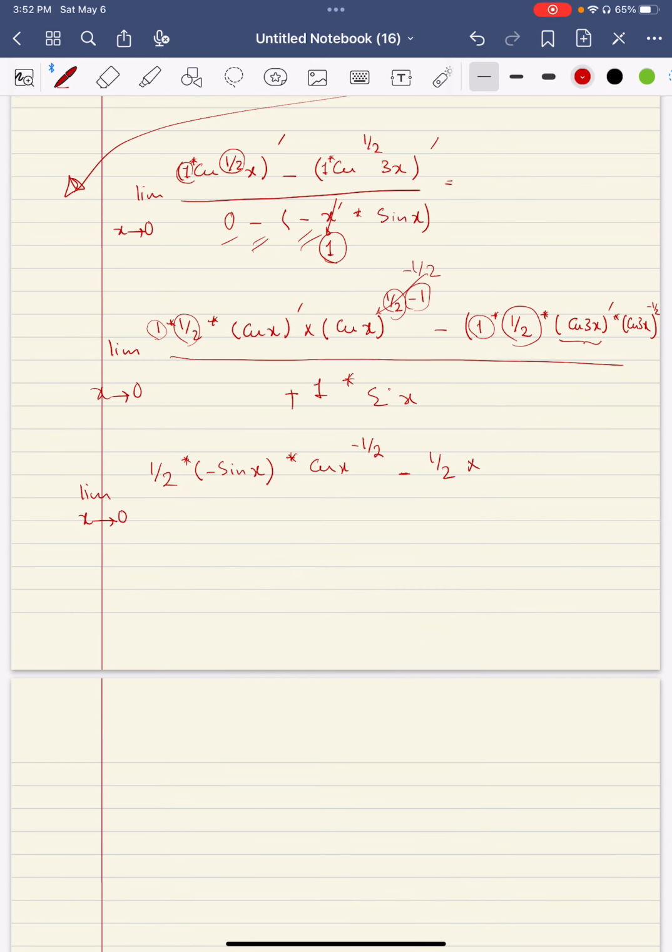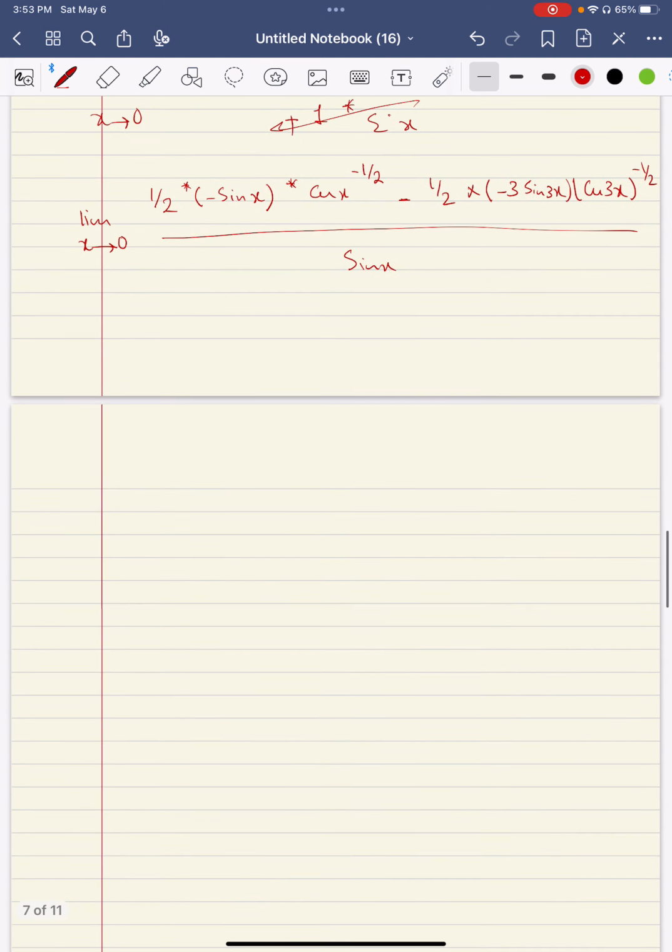So here would be negative 3 sine 3x times cosine 3x to the power of negative 1 over 2 over sine x. This part is sine x. So we would have negative 1 over 2 sine x times cosine x to the power of negative 1 over 2, minus 1 over, let's make it a little bit more simplified.